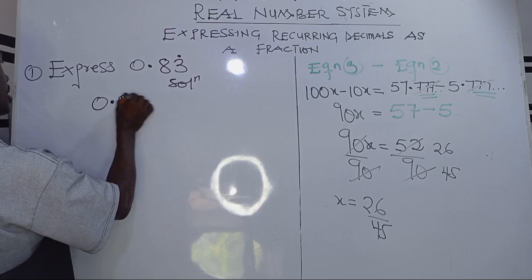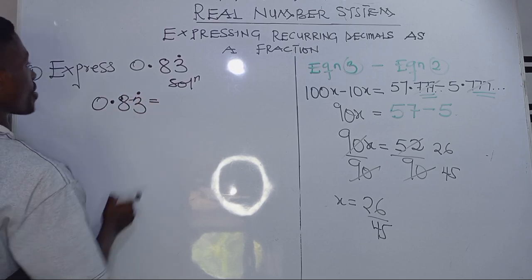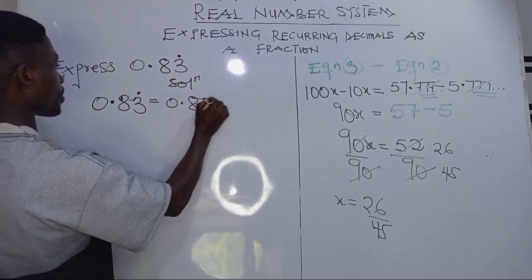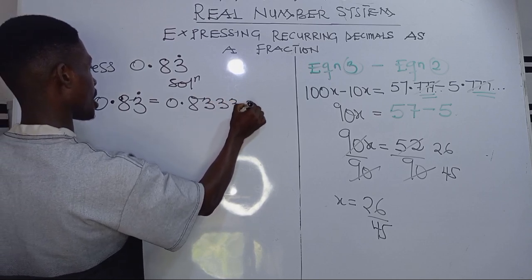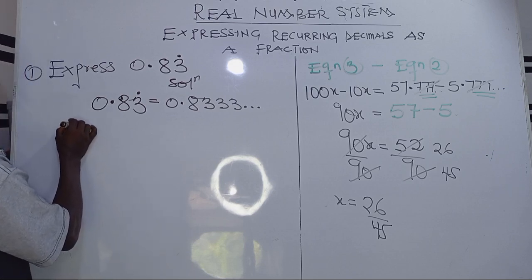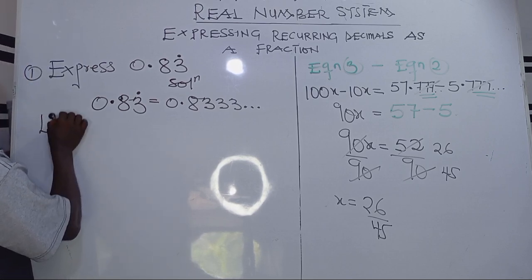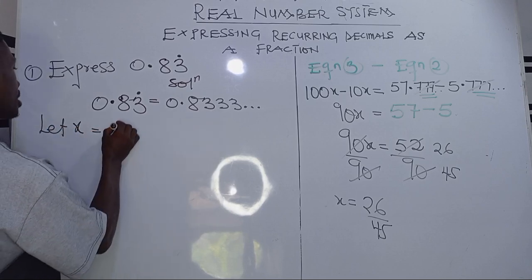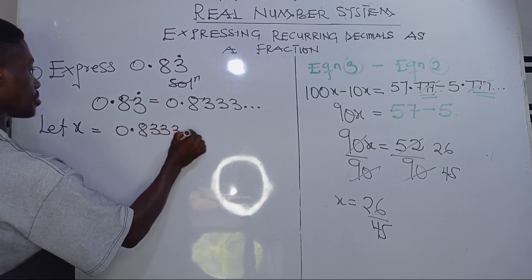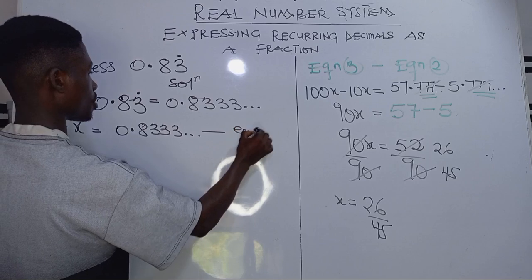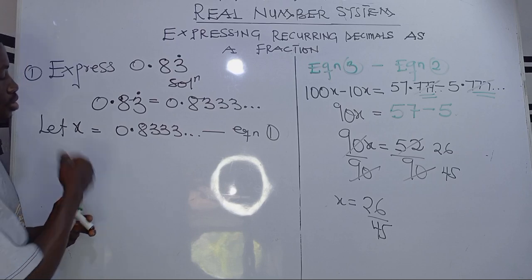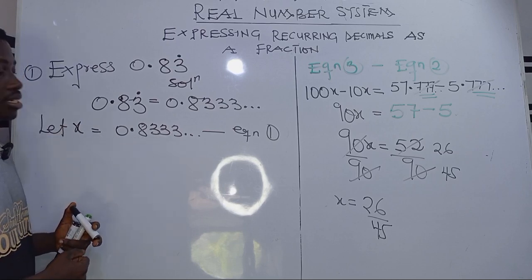You know that it is a recurring decimal, and it is the same as 0.8333 up to infinity. So we first let a variable, let's say x. We let x equal to the recurring decimal. Then we call it equation 1.